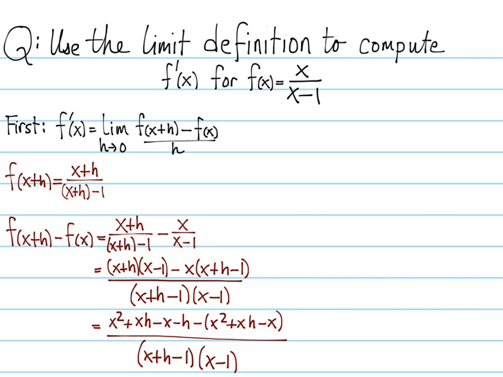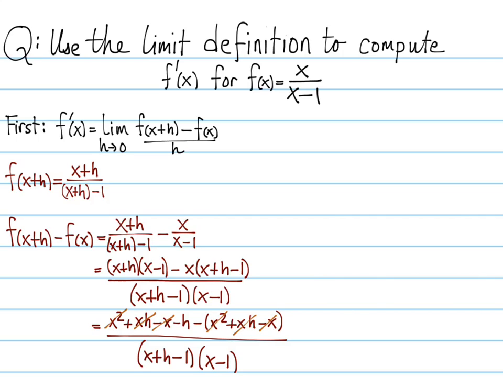And if you go ahead and multiply everything out, you get x squared plus xh minus x minus h minus x squared plus xh minus x all over x plus h minus 1 times x minus 1.